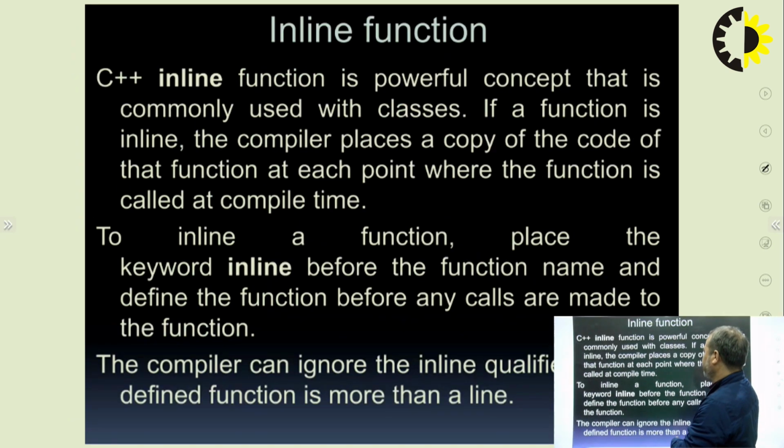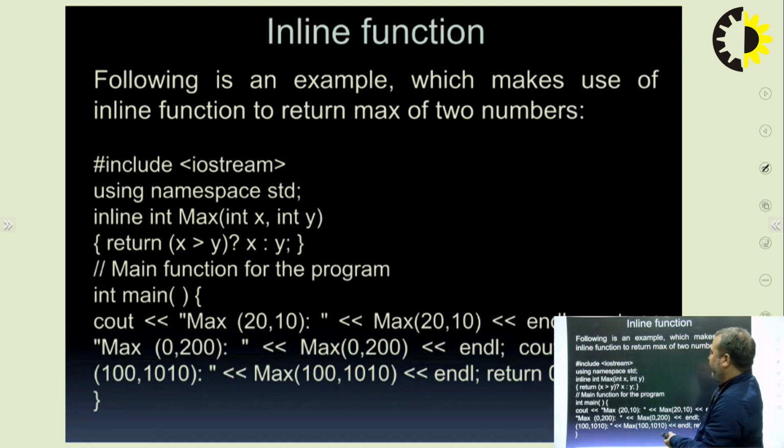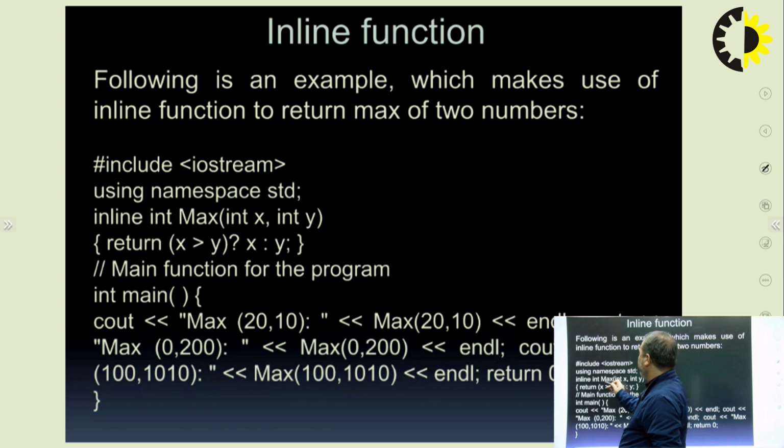So, inline function. A C++ inline function is a powerful concept that is commonly used with classes. If a function is inline, the compiler places a copy of the code of that function at each point where the function is called at compile time, just like a macro, right? Like here, I have written inline int max. So we have written just the qualifier inline.